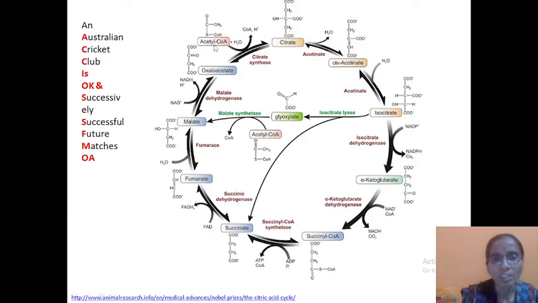So: Australian Cricket Club is OK and successively successful future matches OA.